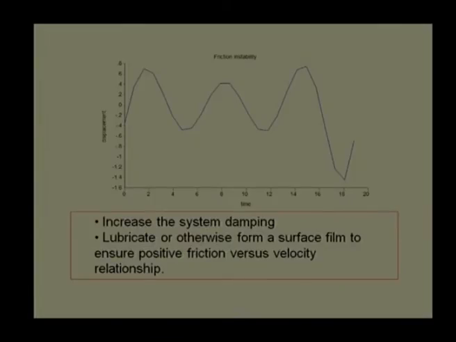So, we can say that increasing the system damping, increasing the value of C itself, is one of the possible solutions, if you do not have much control on the friction or friction pair, or I am not able to provide lubricant for one reason or another.